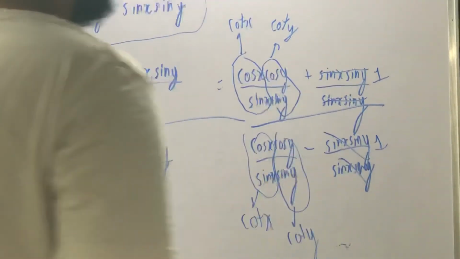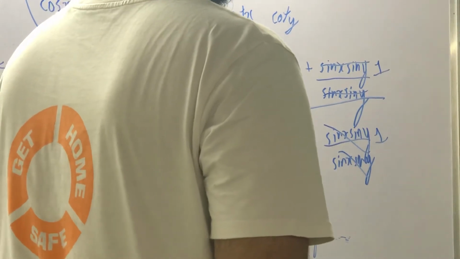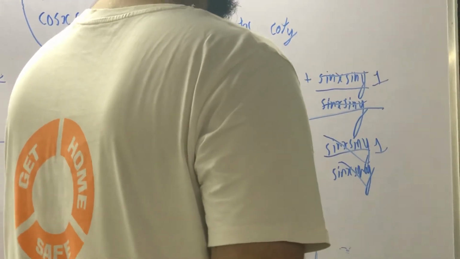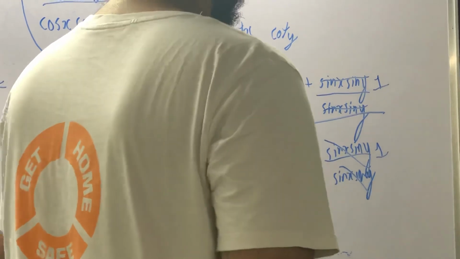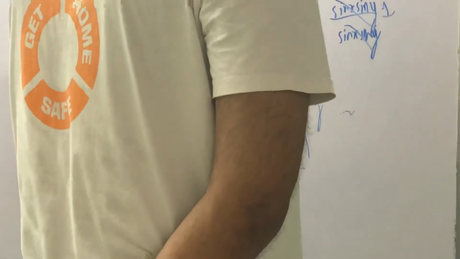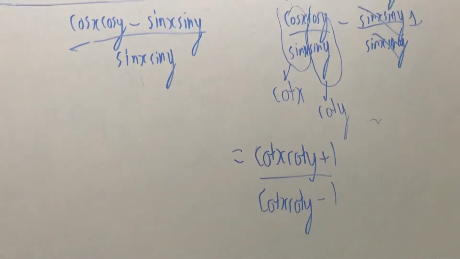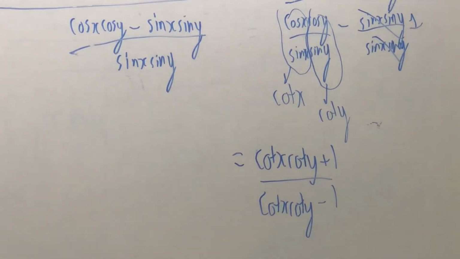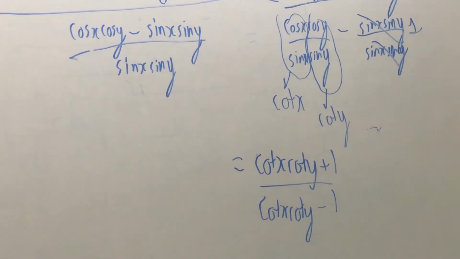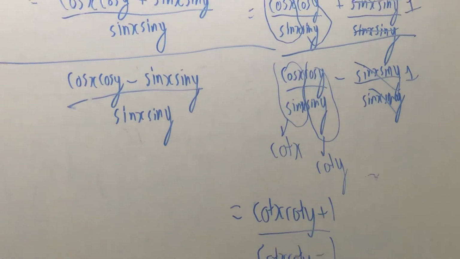So what will this become? This will become cot x cot y plus 1 upon cot x cot y minus 1. Okay, so this is equal to the RHS. So hence proved.